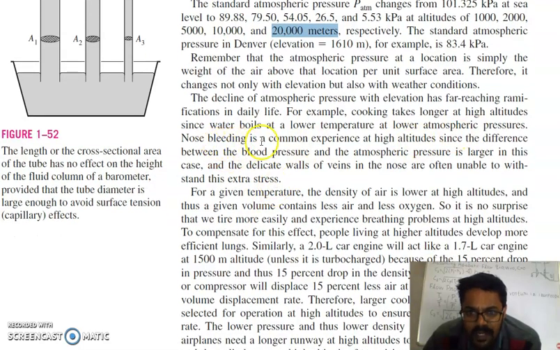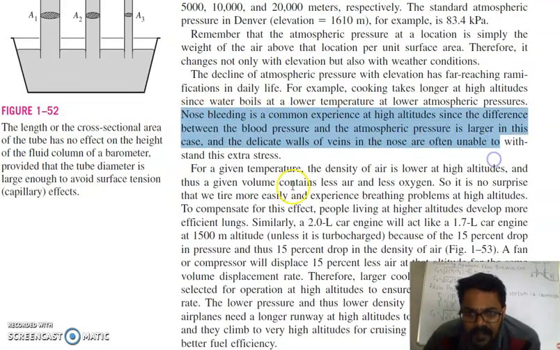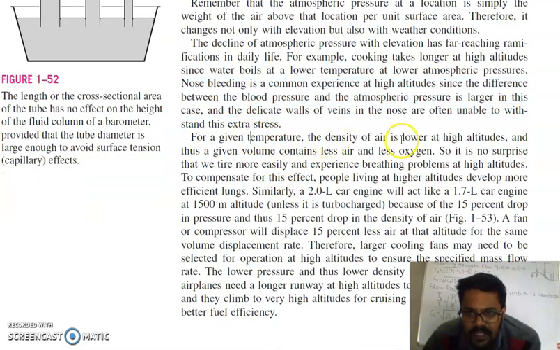Also, nose bleeding is a common experience at high altitude since the difference between the blood pressure and atmospheric pressure is larger. For a given temperature, the density of air is lower at high altitudes, and thus a given volume contains less air and oxygen. So it is no surprise that we tire more easily and experience breathing problems at high altitudes.